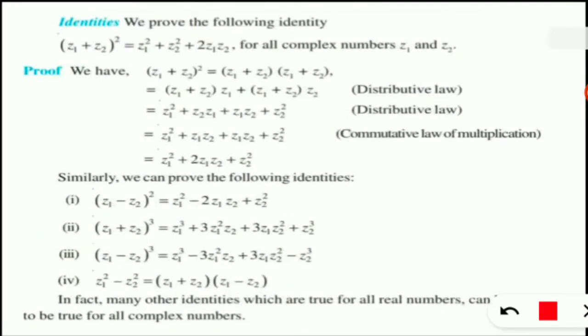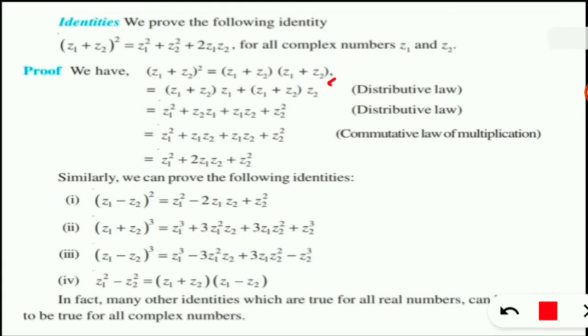Now identities. We prove the following identity: (z1 plus z2) whole square equals z1 square plus z2 square plus 2 z1 z2 for all complex numbers z1 and z2. Simply the (a plus b) whole square form. Here is the proof. We have (z1 plus z2) whole square, which equals (z1 plus z2) into (z1 plus z2) two times. After that, (z1 plus z2) into z1 plus (z1 plus z2) into z2, applying the distributive law.